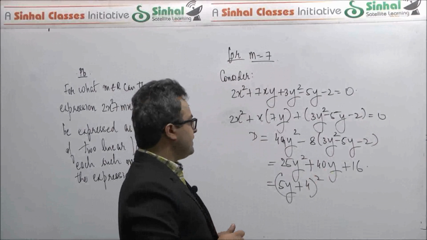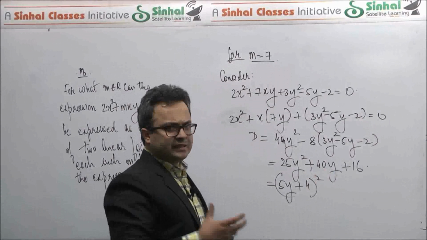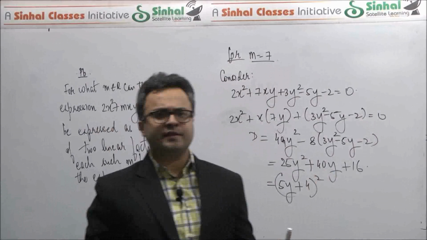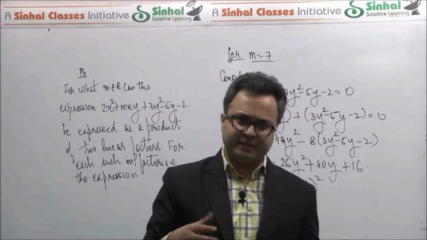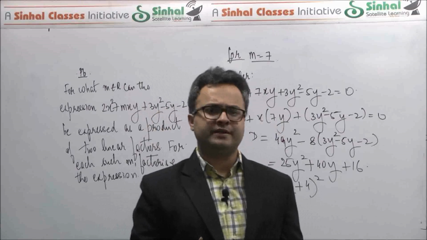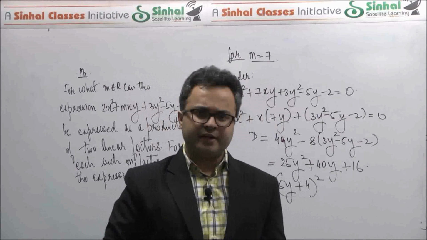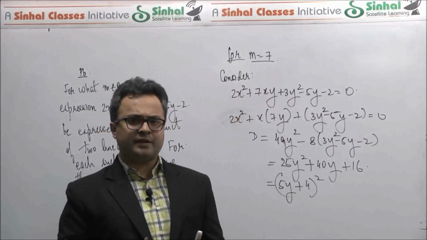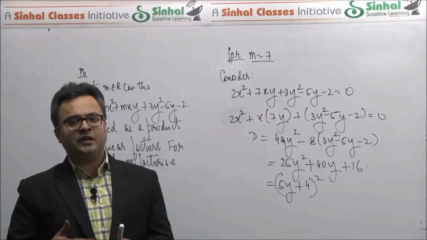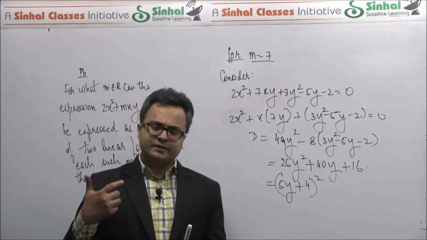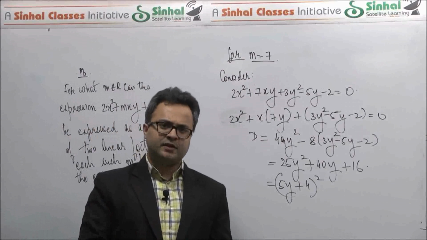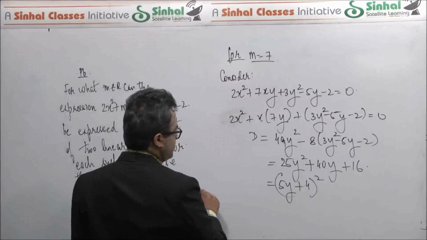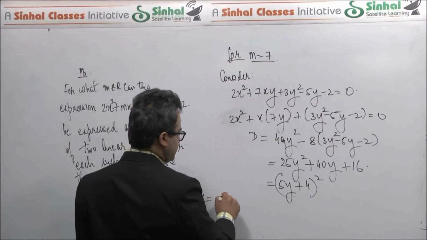So our discriminant itself turns out to be a perfect square. This is something which will actually always happen. If you have a second degree expression and it is factorizable as a product of two linear factors, then when you treat it as a quadratic in one variable, the discriminant, the b square minus 4ac, which is a quadratic expression in the second variable, will itself turn out to be a perfect square. So again, x by the quadratic formula now should be minus 7.